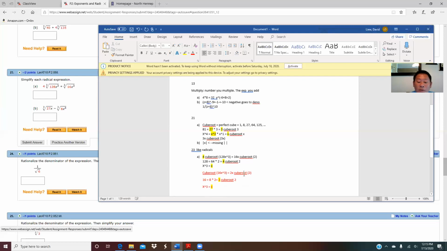Okay. So what happens now is you have to add this up. You've got the 16x cube root of 2 and you add the 2x cube root of 2, and you find out that these two have the same radical, because cube root of 2 and cube root of 2 is the same. So you just need to add these two. What is 16x plus 2x?